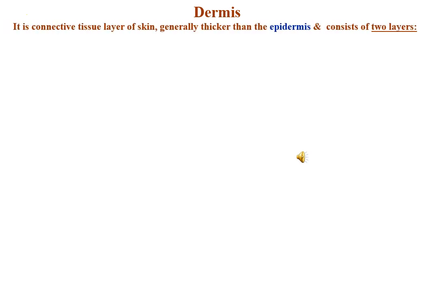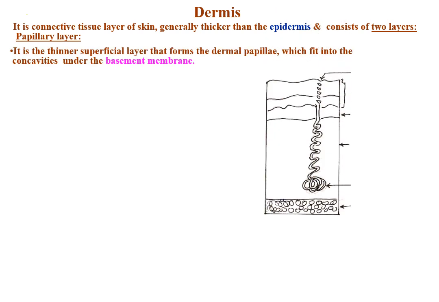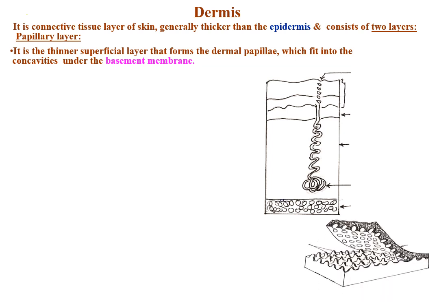The dermis is the connective tissue layer of the skin, generally thicker than the epidermis, and consists of two layers. The papillary layer is the thinner superficial layer that forms the dermal papillae, which fit into the concavities under the basement membrane.